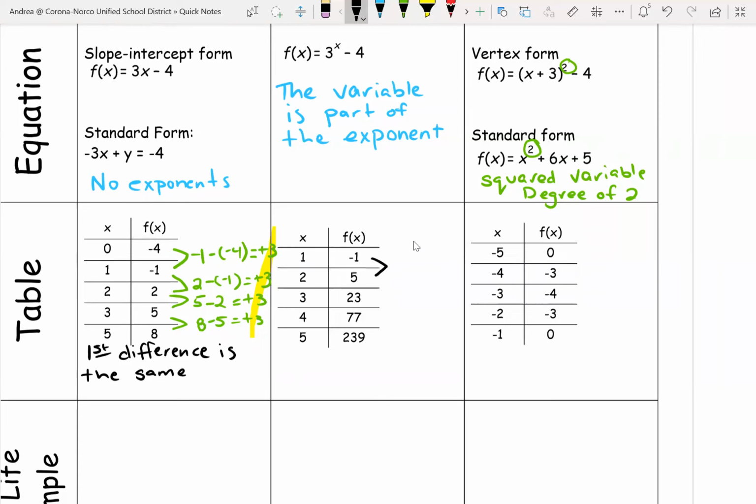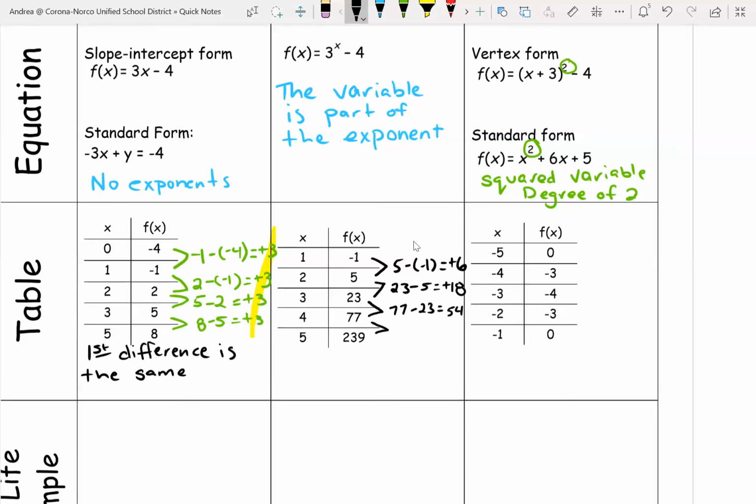Okay, so 5 minus -1 gives me a +6. From 23 minus 5, that is +18. Between 77 and 23, that is 54.